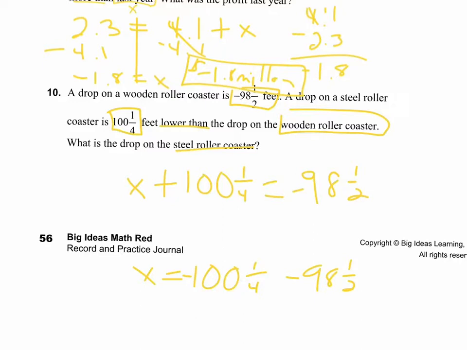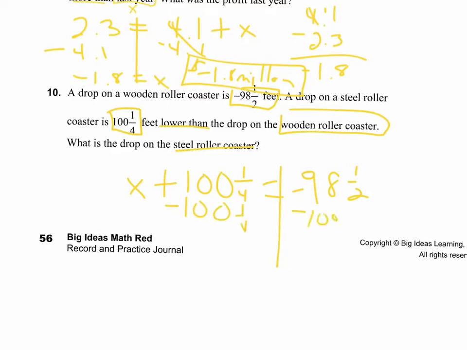Okay, so let's go ahead and just use it in the equation form that I brought up here. Okay, so using the equation up here, we draw our line, we subtract our 101/4, subtract our 101/4, same signs, we combine, okay? So this becomes negative 198, and then we have 1/2 plus 1/4.